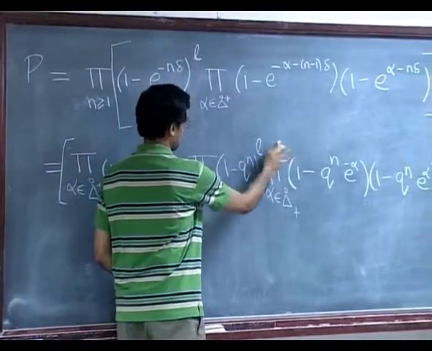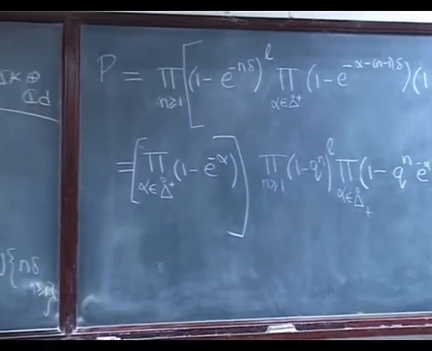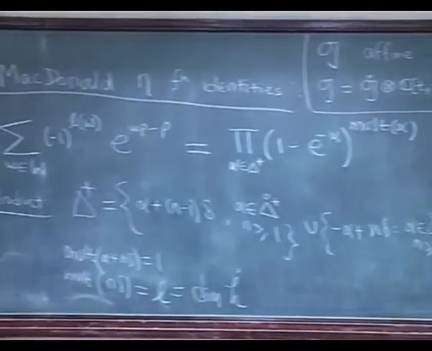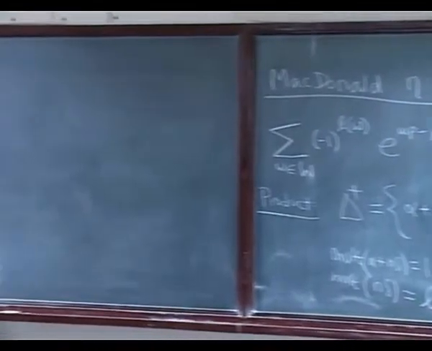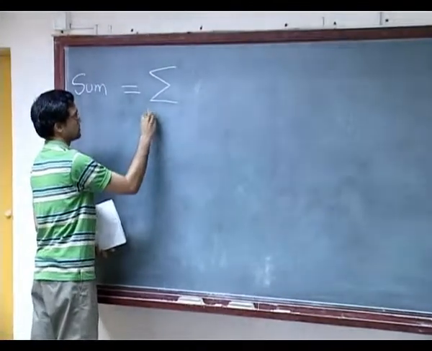Sometimes I write the plus on top and sometimes on the bottom. It just means the positive roots. Okay, so that's the product. Now let's do the sum side. So the sum looks like a sum over the Weyl group.